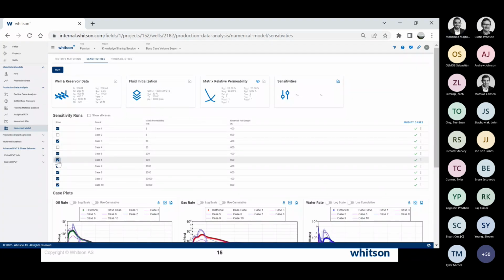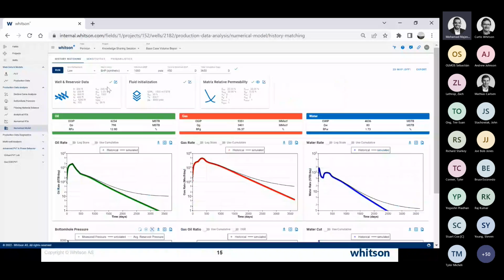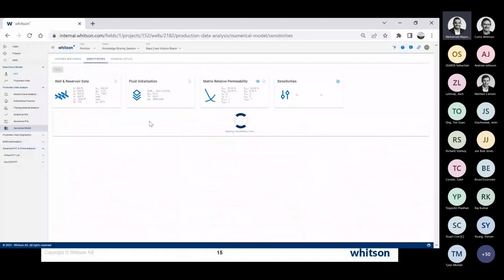The difference between each of the cases is the matrix permeability, and this is in the sensitivities view of the sensitivities module of the numerical model. You all are used to working with the numerical model here on the history matching. Then we also have this sensitivities module where you can run sensitivities.